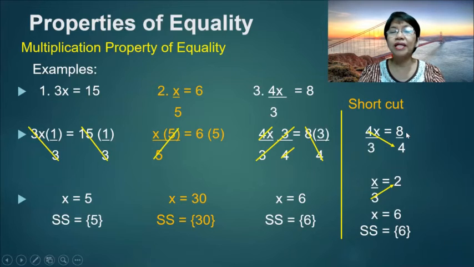And here's a shortcut. The 4/3, the numerator will be a divisor of the term on the right side. So divide first 8 by 4, and then your answer is 2, and then multiply 2 by 3. So you get 6. That's the shortcut.